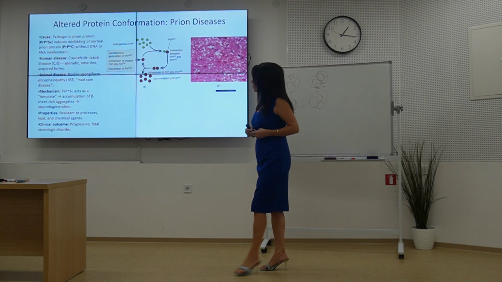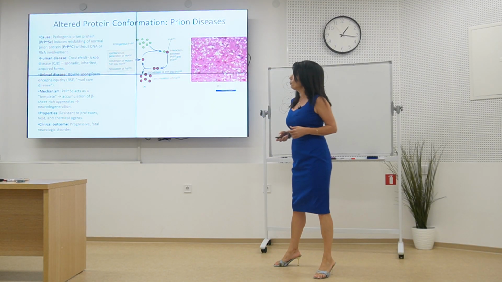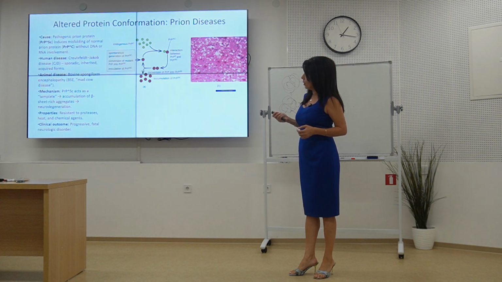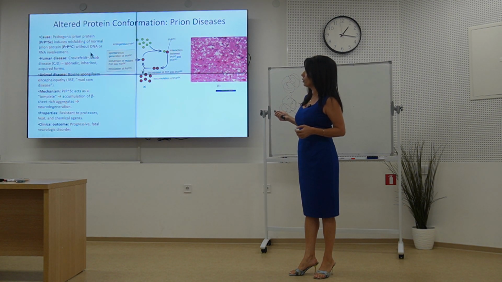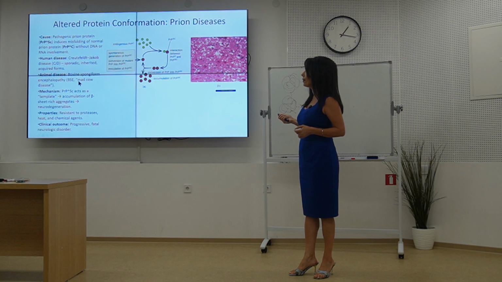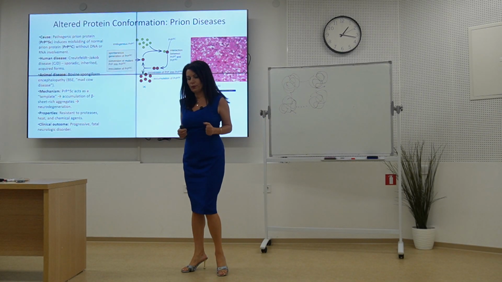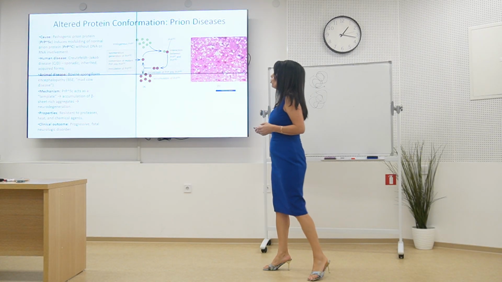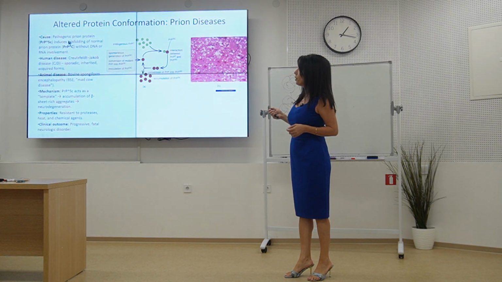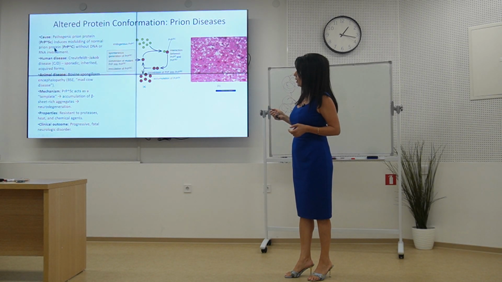And let's start with the first disease, which is called prion disease. The prion disease in human is also called Creutzfeldt-Jakob disease. In animals, this disease is called bovine spongiform encephalopathy or mad cow disease. And what is the reason? The reason, students, is formation of one pathogenic prion protein which induces misfolding of normal prion protein without DNA or RNA involvement.